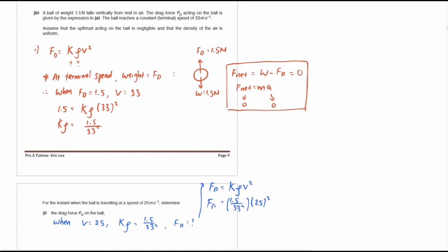Then we get the corresponding drag force at this particular speed. We just multiply: 1.5 over 33 square times 25 square, and you will get 0.861. So that is the working.